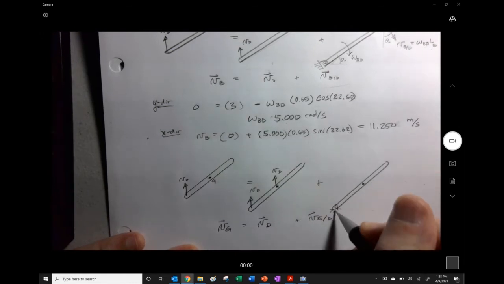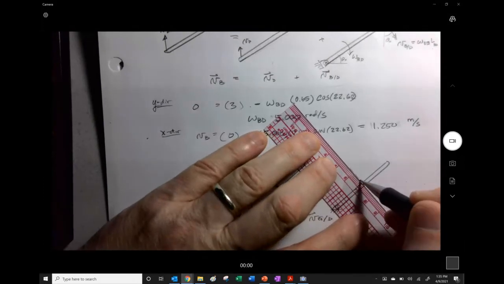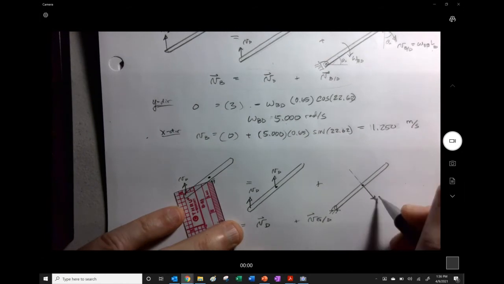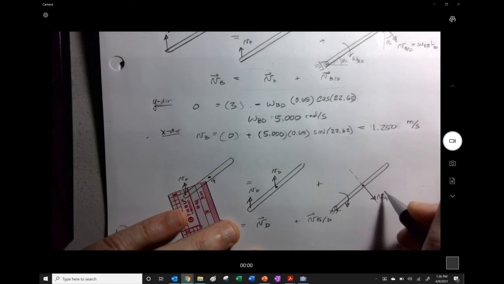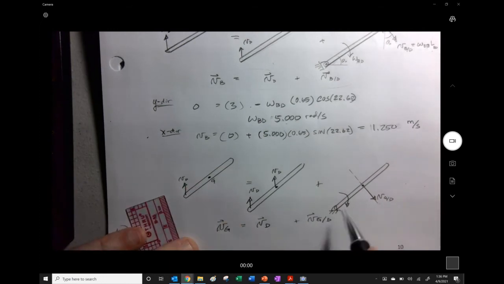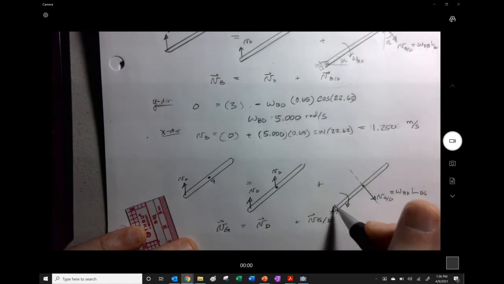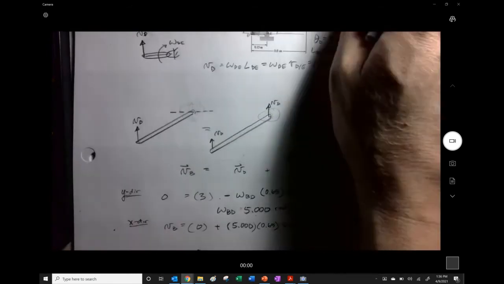And we're going to pin it here. We know that the velocity of G with respect to D has got to go in that direction because we just found it a minute ago. And we also know what omega BD is. And it's just going to be L, and we call that DG, right? That distance, which is only going to be 1/2 of this 0.65.